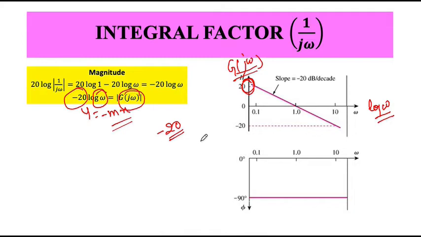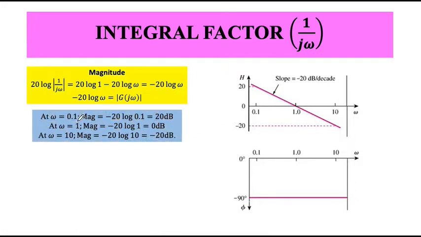So at omega equals 0.1, my magnitude is minus 20 log 0.1, which is 20 dB. Similarly at omega equals 1, again all in decibels, the magnitude is minus 20 log 1, which is 0.